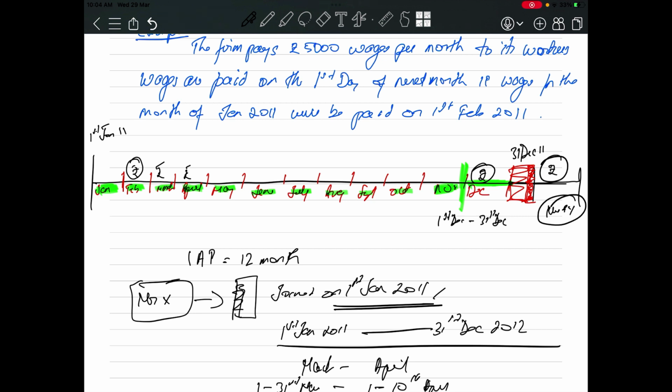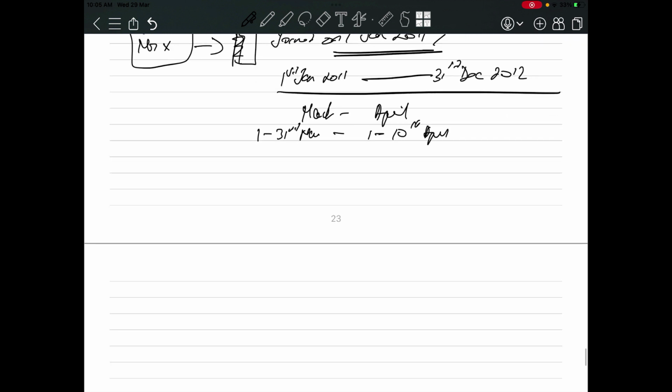Our year will end on 31st December, but for the work he has done in December, he will be paid wages in January, which will be the next accounting period. This is where the concept of outstanding expenses comes into play. Now see what we have to do. On 31st December 2011, we have to close our books of accounts.